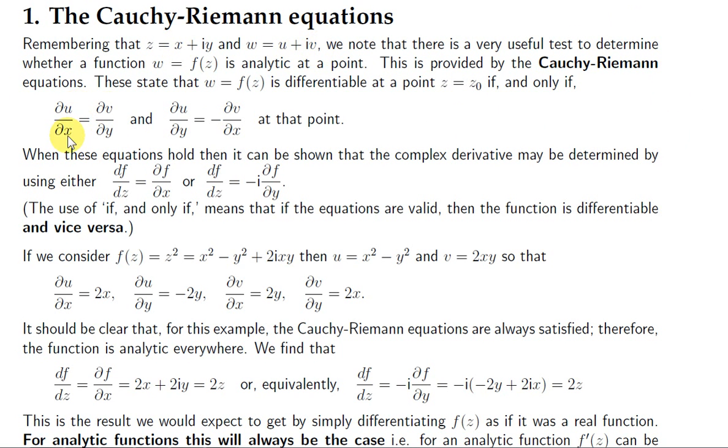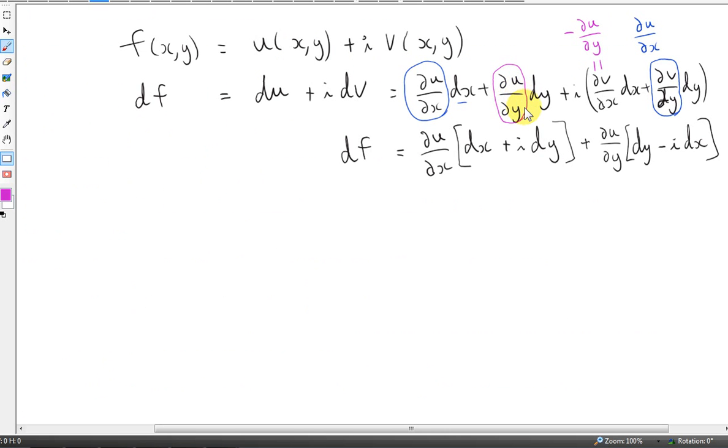U comes before v, x comes before y in the alphabet. And to get the second Cauchy-Riemann equation, we interchange x and y in the denominators and change the sign of one of the derivatives. Okay, so we can factorize du/dy out of both of these terms. So we'll get a dy, and because of the minus sign, we'll have a minus i dx.